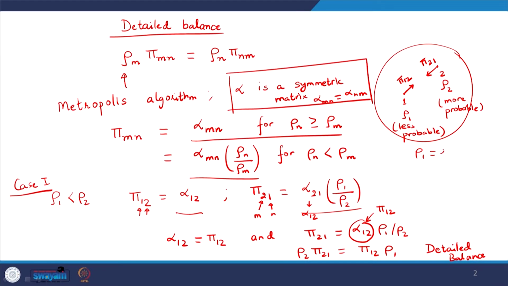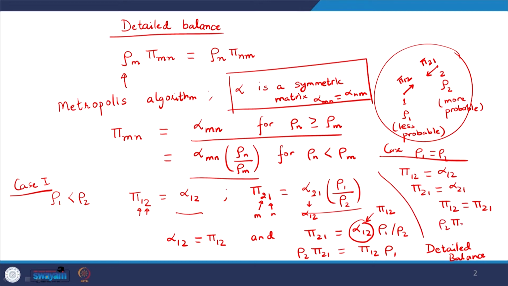When rho 1 is equal to rho 2, then in that case pi 1 2 is equal to alpha 1 2 and pi 2 1 is also equal to alpha 2 1. So basically pi 1 2 is equal to pi 2 1, and the densities are already equal. So therefore, again we can get the detailed balance met, right.